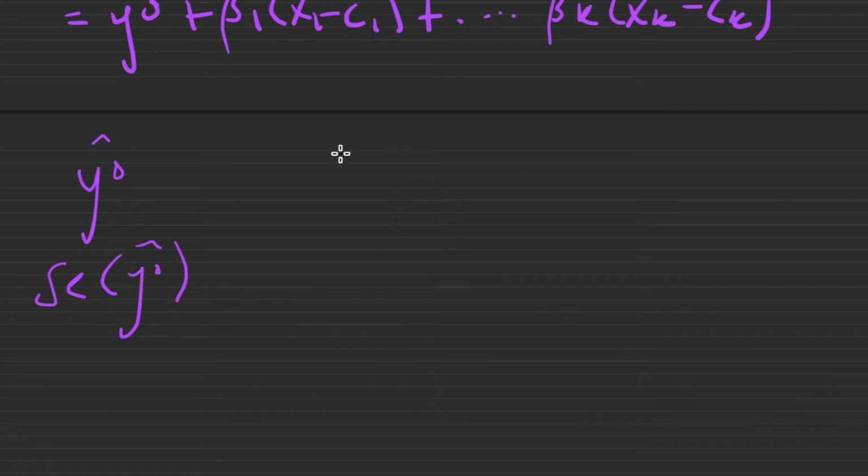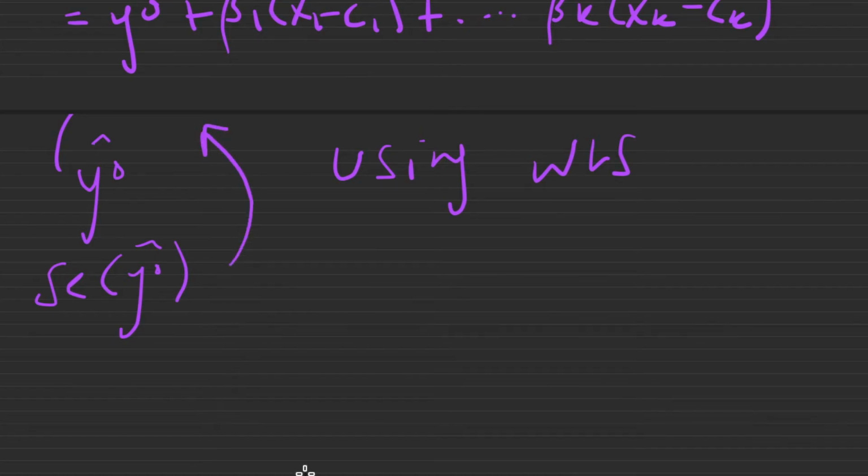We do this using WLS as we have been discussing in this chapter. So the estimate and the standard error come from the intercept of that regression of y on x1 minus c1 through xk minus ck, where we use WLS to estimate this equation.